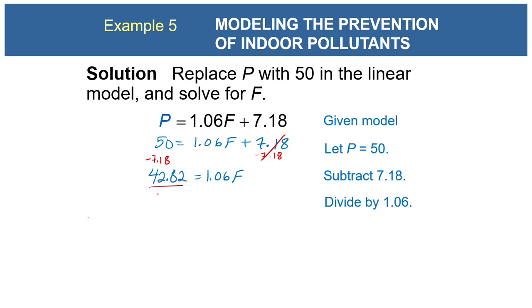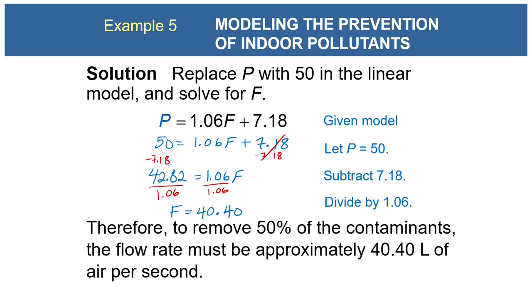Let's divide both sides by 1.06. Solving for F, we have F is equal to 40.40. This means to remove 50% of the contaminants, the flow rate must be approximately 40.40 liters of air per second.